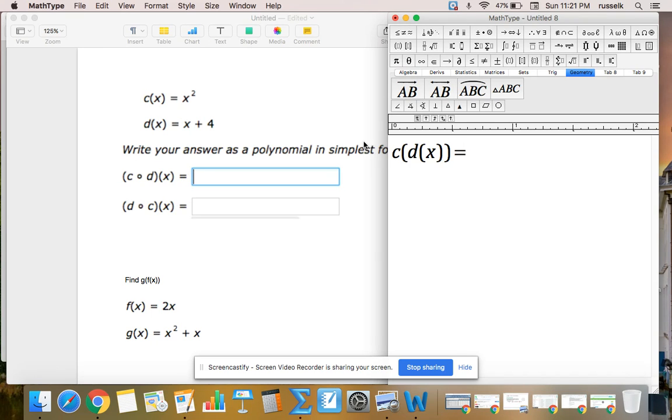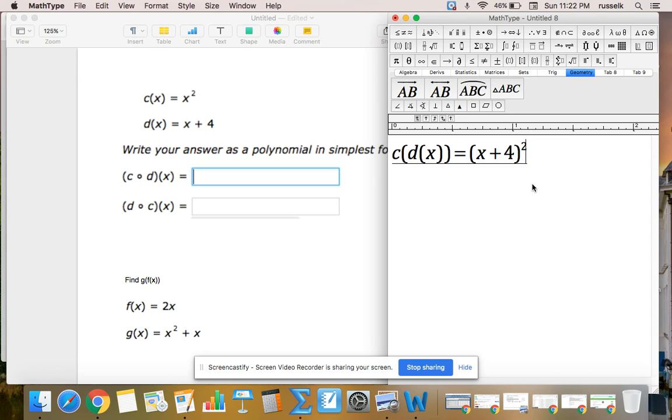So I would go to equation c, and notice that that's just x squared. I'm going to take that x out and put parentheses in its spot. Then in those parentheses, I'm going to put what d of x is. We're plugging in the inside part. So d of x is x plus 4, and that's what we're putting in the parentheses.